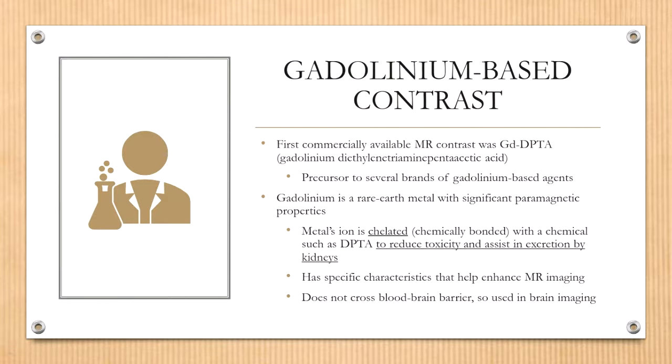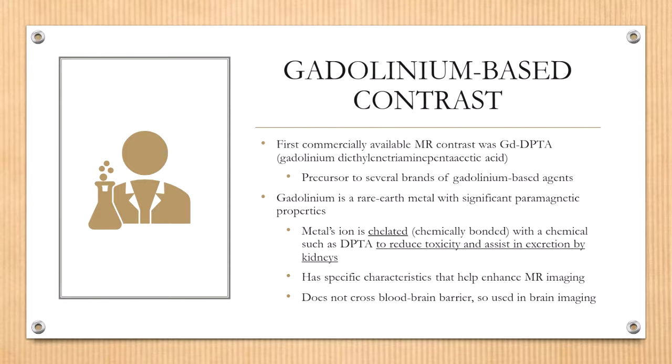That's why a lot of these new gadolinium contrast agents like Dotarem, for instance, are being touted as the safest, because technically they are not supposed to cross the blood-brain barrier. But of course, we won't know for sure if that's accurate until probably another 10 or 15 years when more studies have been conducted.